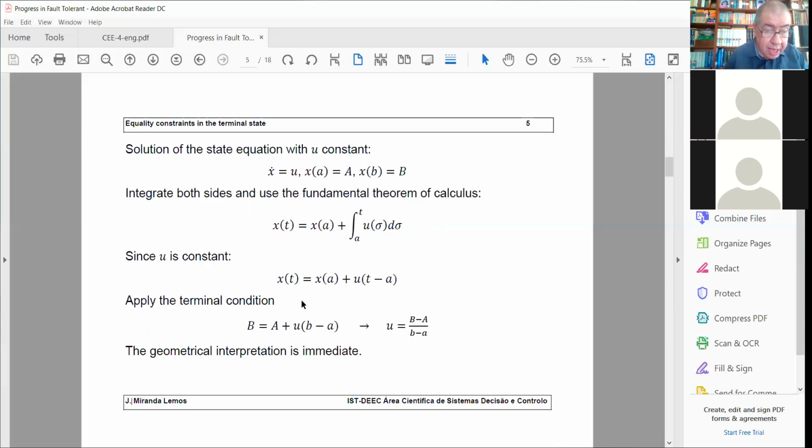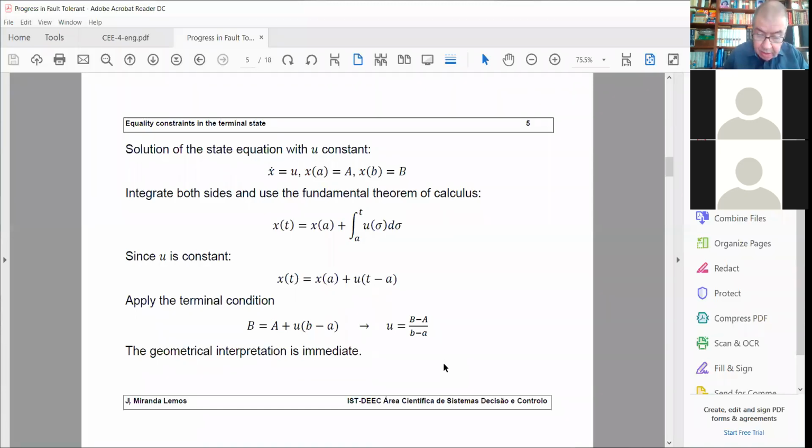Now, apply the terminal condition, which tells you that for t equal to small b, x(t) is capital B. So you get this expression that you can solve for u, and you get the optimal control, that is to say the slope of the curve, which is (B minus A) divided by (small b minus small a).